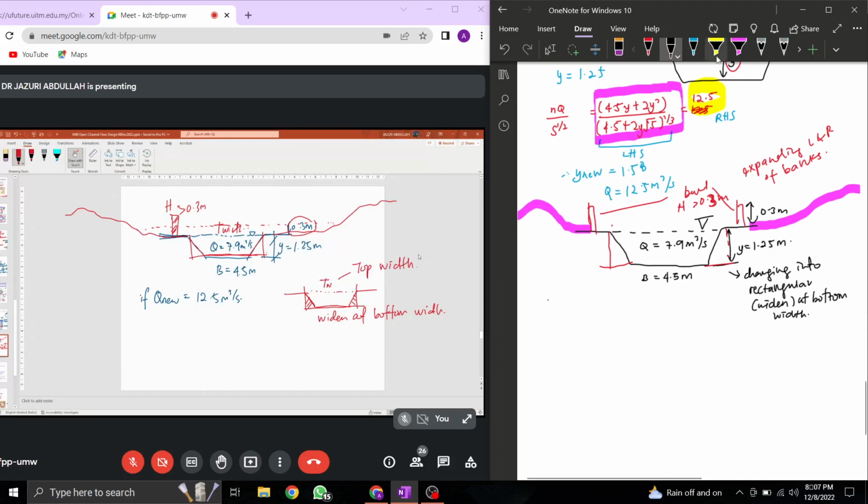Okay, so some book dia akan gunakan dekat bawah sebagai B. Okay, so bawah sebagai B, dekat atas ni dia akan panggil sebagai capital B. Ada setengah buku dia gunakan top width W, bawah ni sebagai B. Okay, ada setengah buku dia guna small untuk bottom width. Yang ini untuk capital B digunakan sebagai top width.